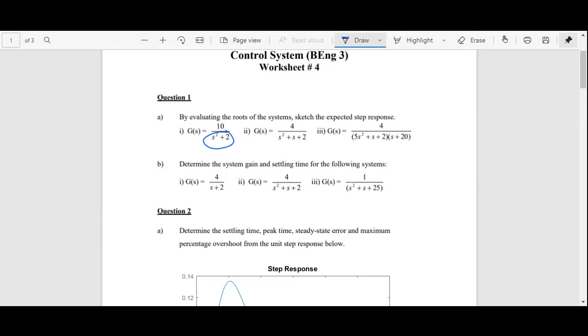Go ahead. So in this case, if the denominator is zero, wouldn't it be going to infinity? We're not trying to make the denominator equal to zero. Oh, I'm sorry. I agree with you. Yes, we do want to make the characteristic equation equal to zero.